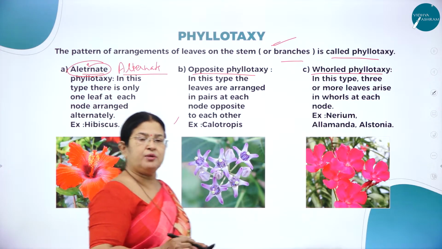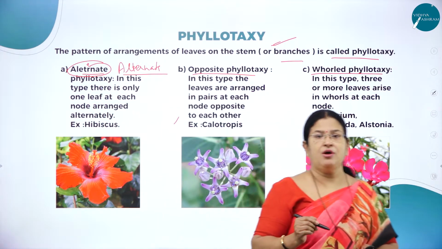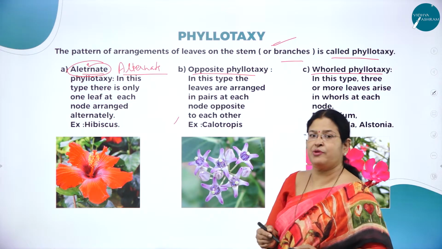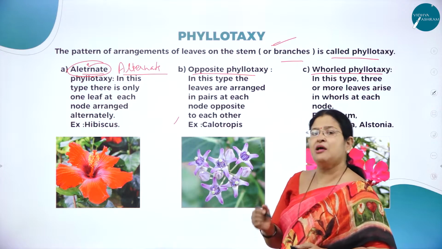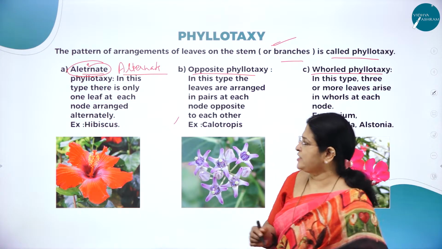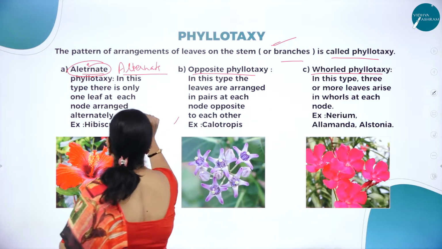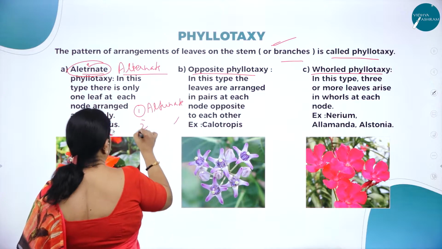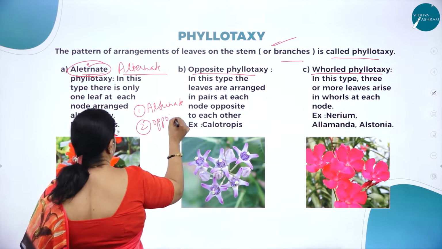As I said, the mode of arrangement of leaves on the plant body varies from plant to plant or from species to species. Now let us understand the 3 types of Philotaxy. First one is alternate. Second one is opposite.